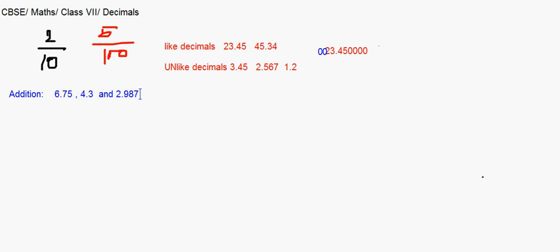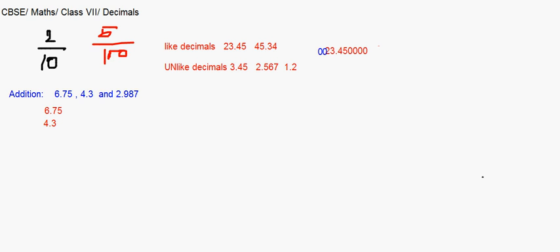What you will do is write one below the other as you generally do in addition. So it will be 6.75, then you have 4.3.